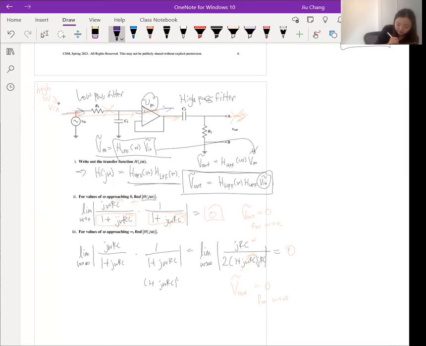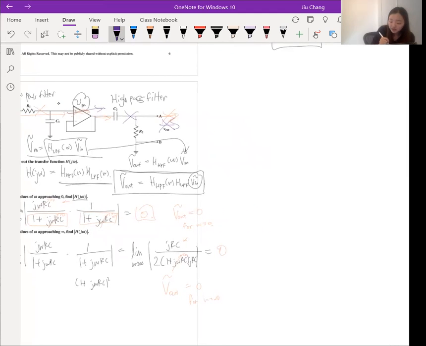Now, for a low omega input into the low pass filter, it will pass the low pass filter because it's a low pass, but it will not pass the high pass filter. Therefore, we will still not get any voltage for our V out.